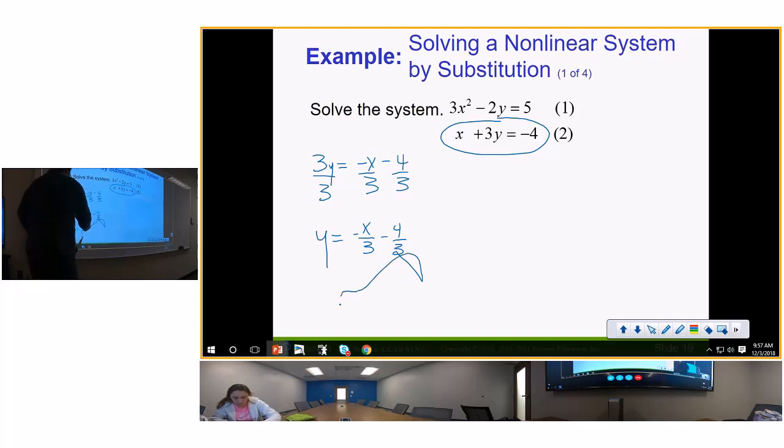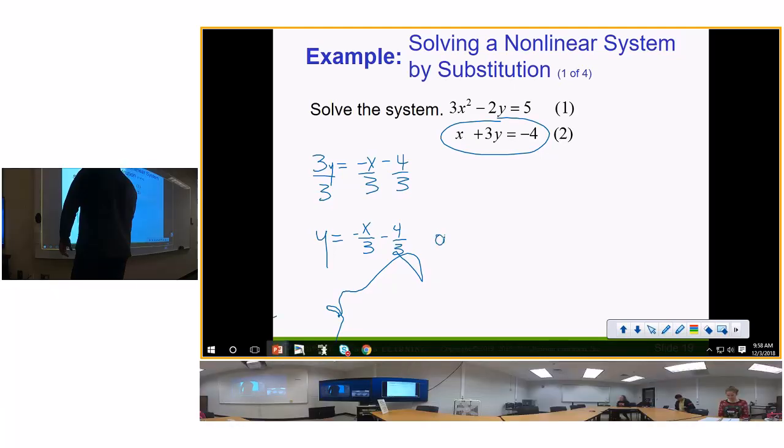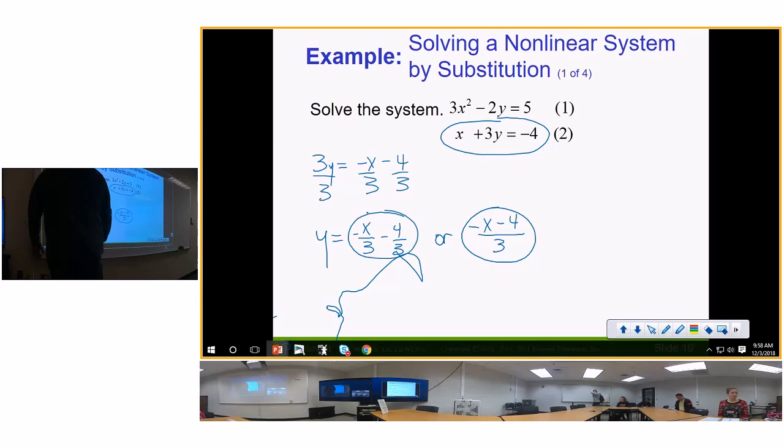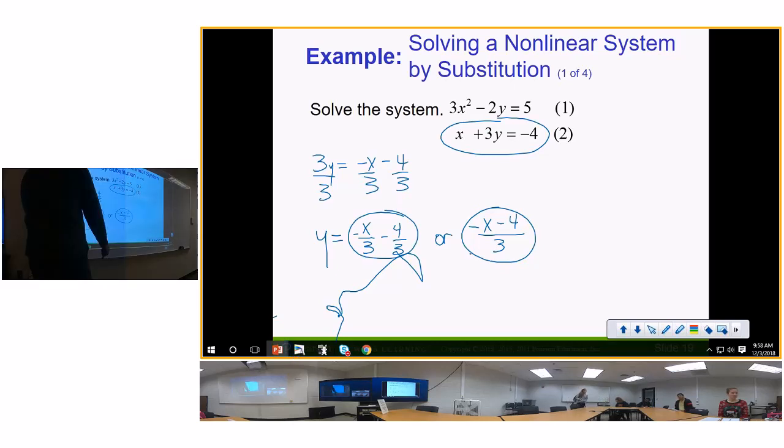Or I can say -x minus 4 over 3. Either way, I don't care which one you use. This one is a little bit easier to work with, but however you want to write it.